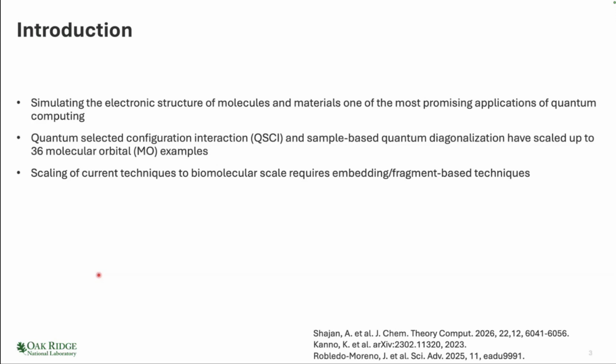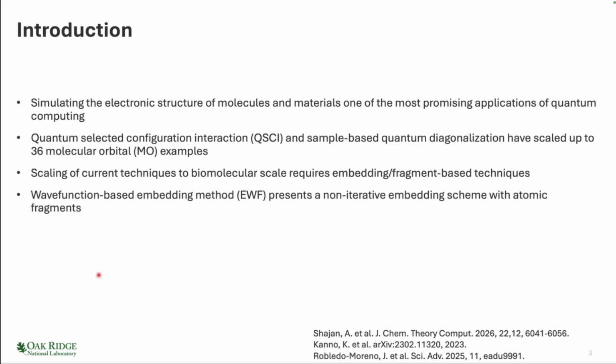The general idea is you take a chemical system, you intelligently break it down into a bunch of smaller subproblems of reduced dimensionality, and then you have a clever way of stitching those back together to reproduce your full system energetics or other properties.